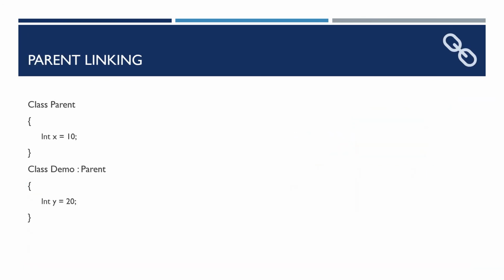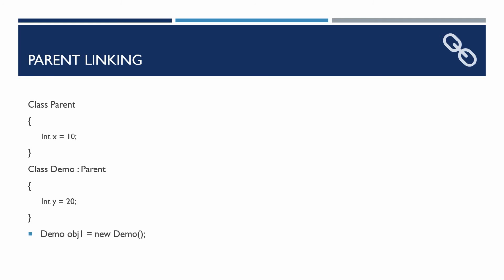Then parent linking. In this example, the demo class has one parent, so it is linked by inheritance. Now if we create a demo object, will memory be created for the parent? If created, is it common for all the child objects? Let's see.